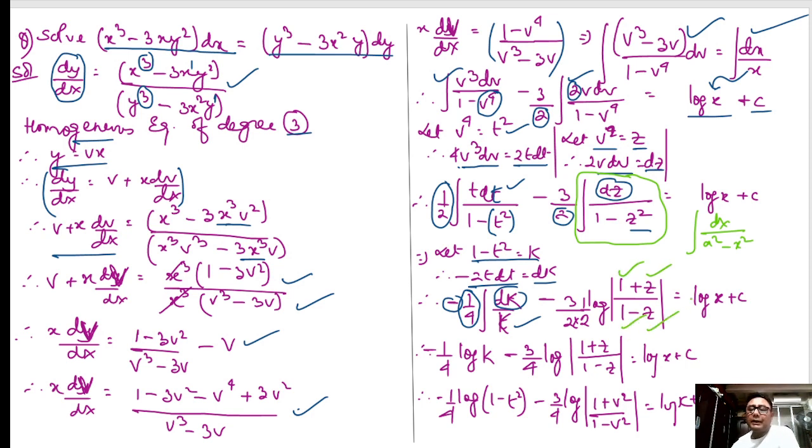And in place of z, we will replace it by v square. Okay, this is log k, and k is replaced by 1 minus t square. So again we have to replace t. What is t square? T square is v to the power 4.